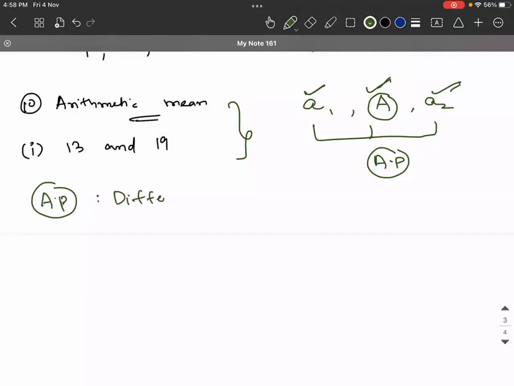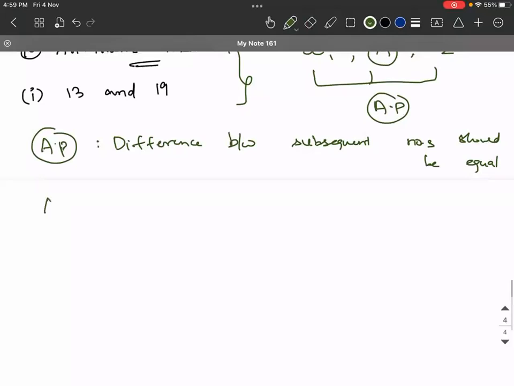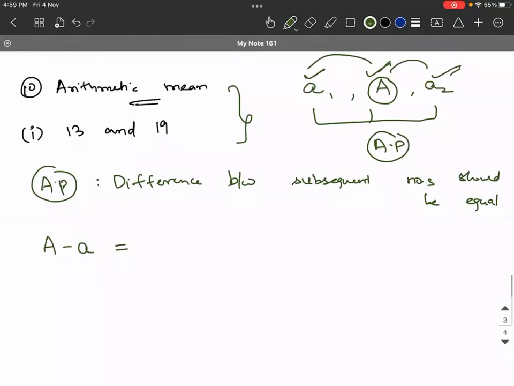It says the difference between subsequent numbers should be equal. So if I take the difference capital A minus A1, that should be equal to what value? A2 minus capital A.